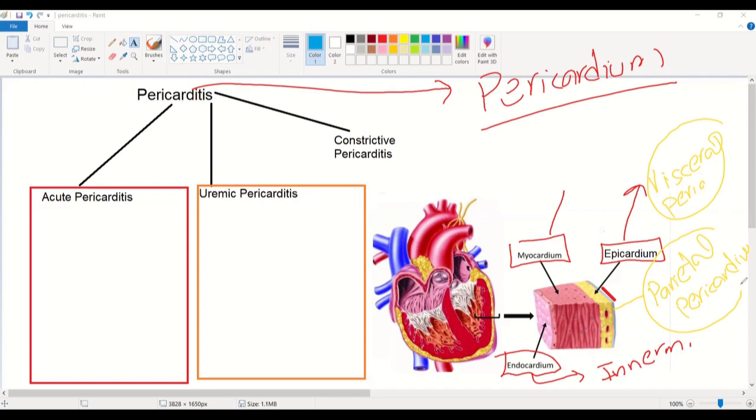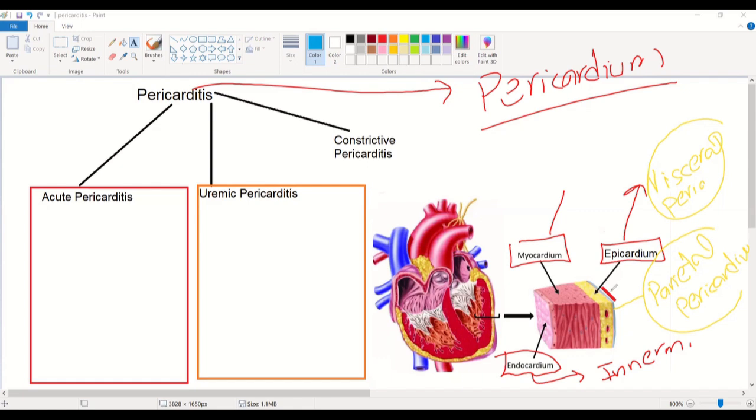So in between these two layers, which fluid is there? The pericardial fluid. This is again high yield stuff. The pericardial fluid is in between the visceral pericardium and the parietal pericardium, right?